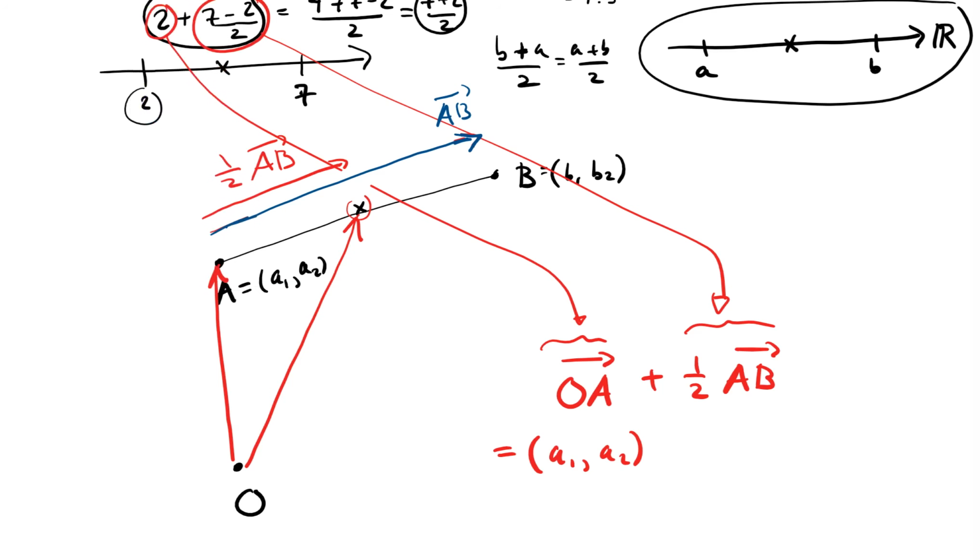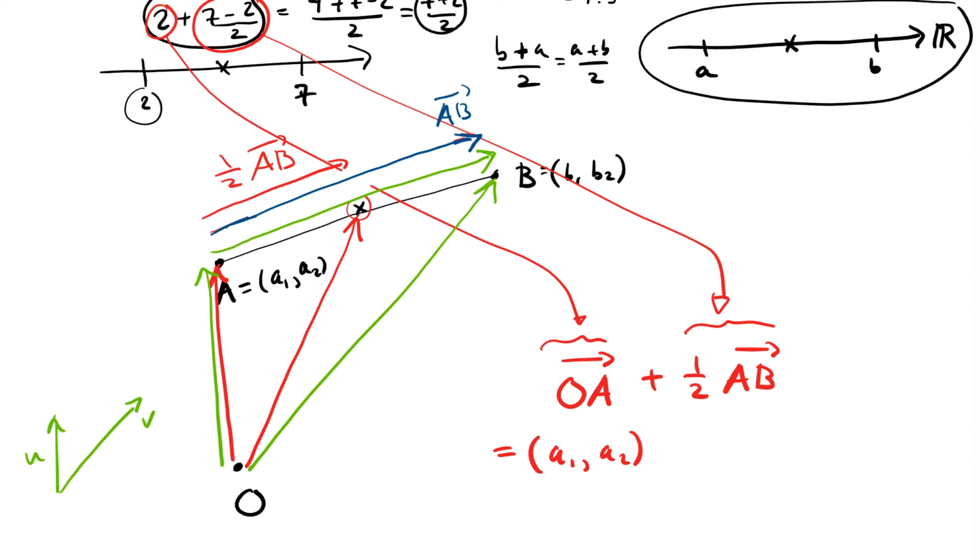So I'm going to use another color. So this is OB. This is OA. Now AB is the vector that goes from here to there. I don't know if you remember, but we had something like this when we had a vector u, a vector v, and a vector going between the heads of the vectors.